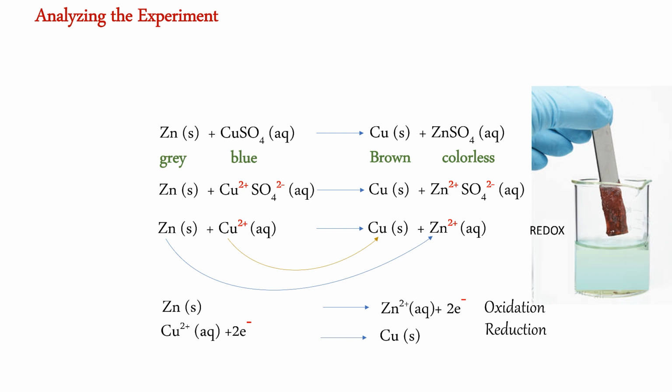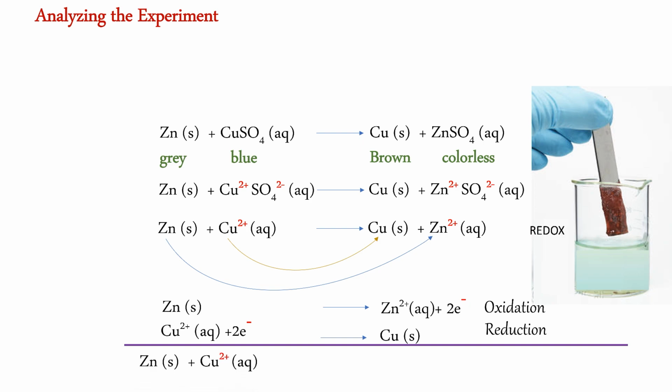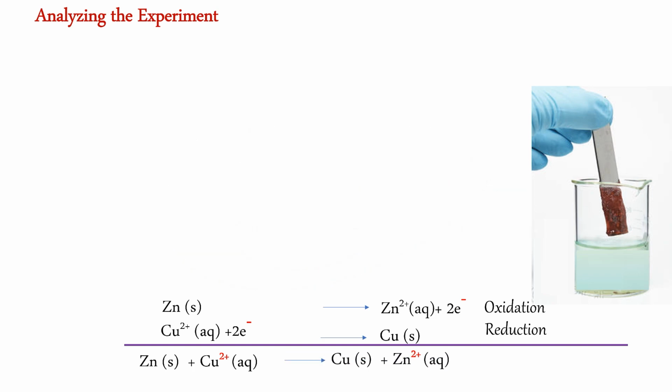The first one is oxidation because zinc is losing electrons. The second one is reduction because copper ion is gaining those electrons. And these two equations together, we write the overall equation, zinc plus copper ion giving copper plus zinc ion, is a redox.